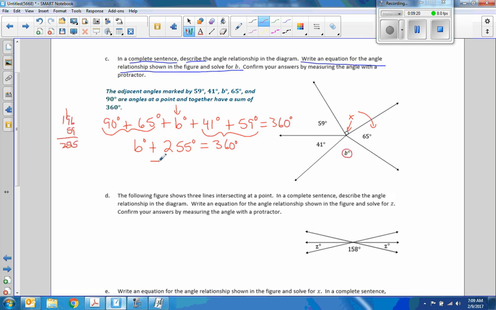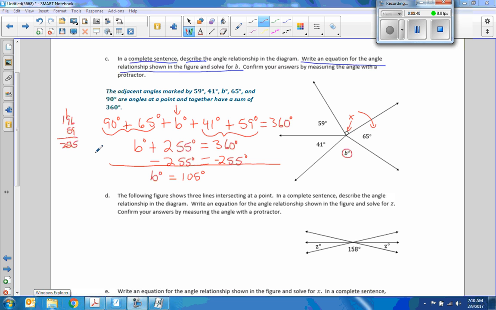Okay? I subtract 255 degrees from both sides. Then I get b degrees equals 105 degrees.